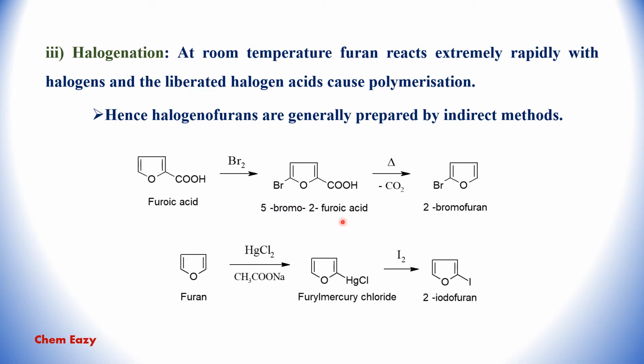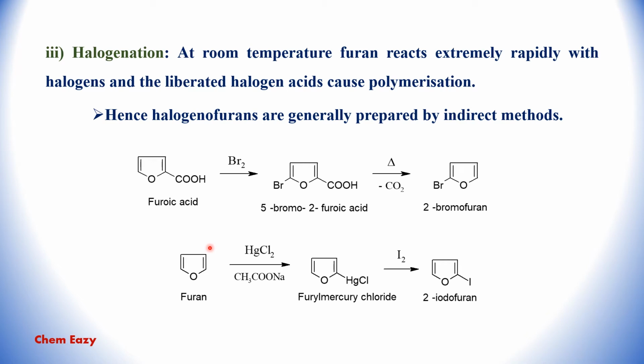This on decarboxylation can produce 2-bromofuran. In this reaction, furan is not brominated directly. Indirectly from furoic acid, we are getting 2-bromofuran.